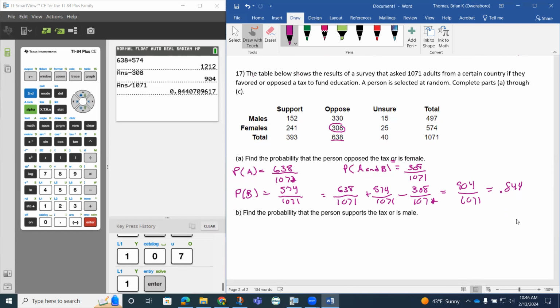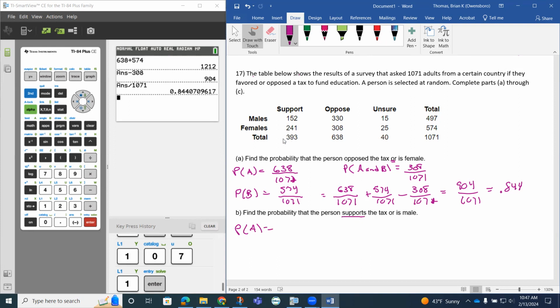Now part B: find the probability that a person supports the tax or is male. I'll get my eraser out and clean up my table here. For the probability of A, we say it is supports the tax.